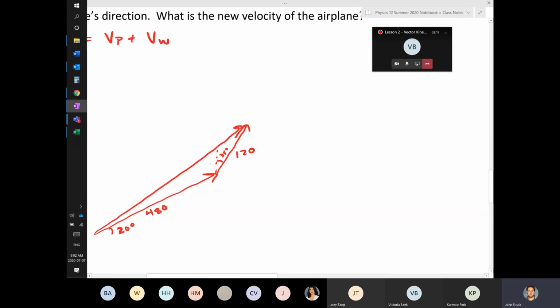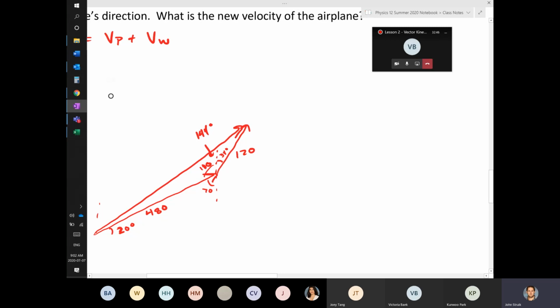And then to find this angle here, it's going to be, so if this is 20, this would be 70, which makes this 110. There we go. So that angle is 110 plus 34, so that angle is 144 degrees.